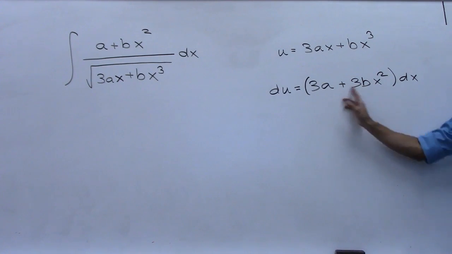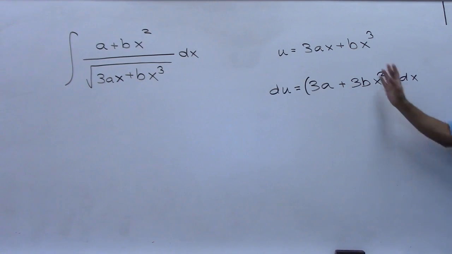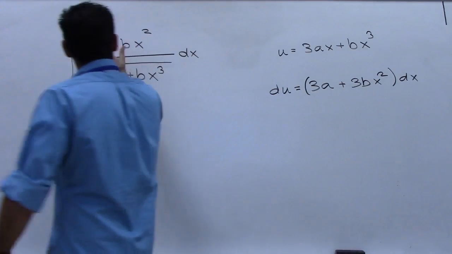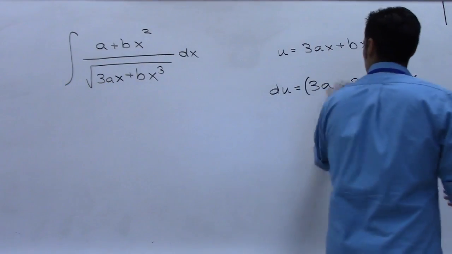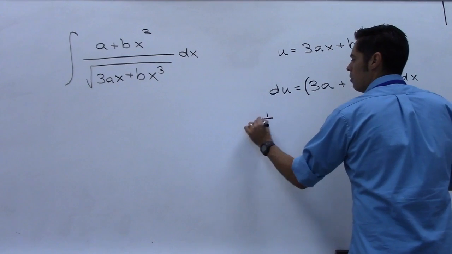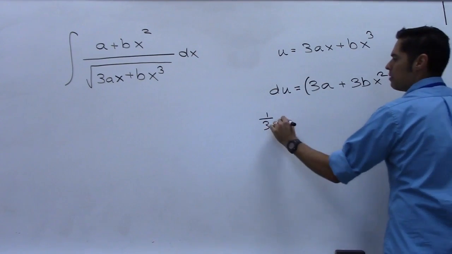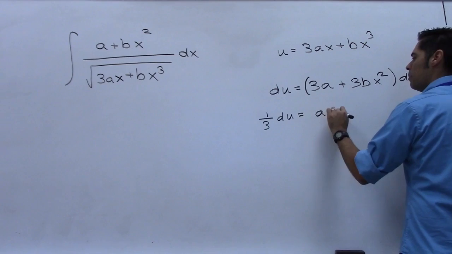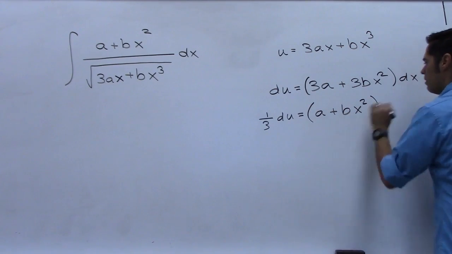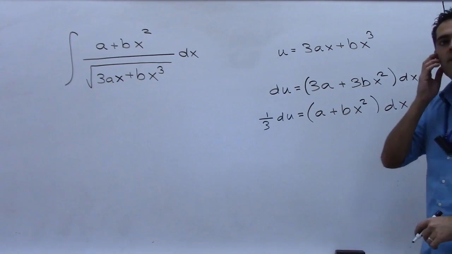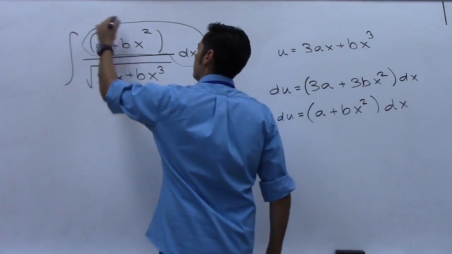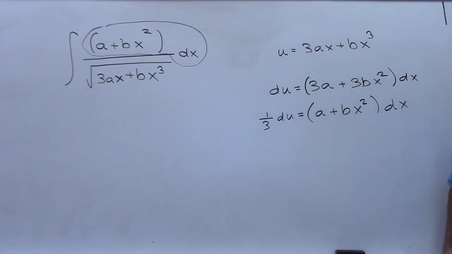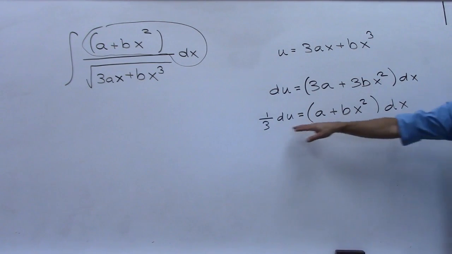Since there are two terms separated by addition or subtraction here, I put parentheses around there. Now, do we have that up here? Kind of, right? I'm off by 3. So if I divide both sides by 3 here, or if you'd like, factor 3 out, then divide by 3, you're going to get a plus bx squared dx, which matches up exactly with all of this, right? So that whole part that I circled is actually going to be 1/3 du.